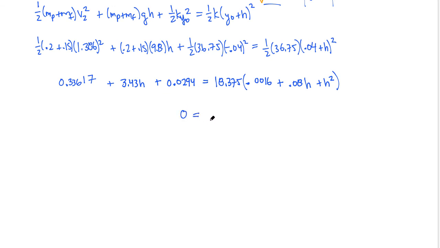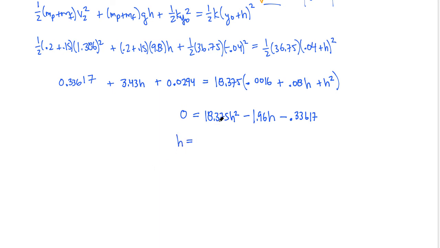So putting all of this together, we end up with a single quadratic equation in terms of h. We'll say 18.375 h squared minus 1.96h minus 0.33617. So this is kind of a gross quadratic, but if you go through the trouble and actually solve it, you find two values for h.